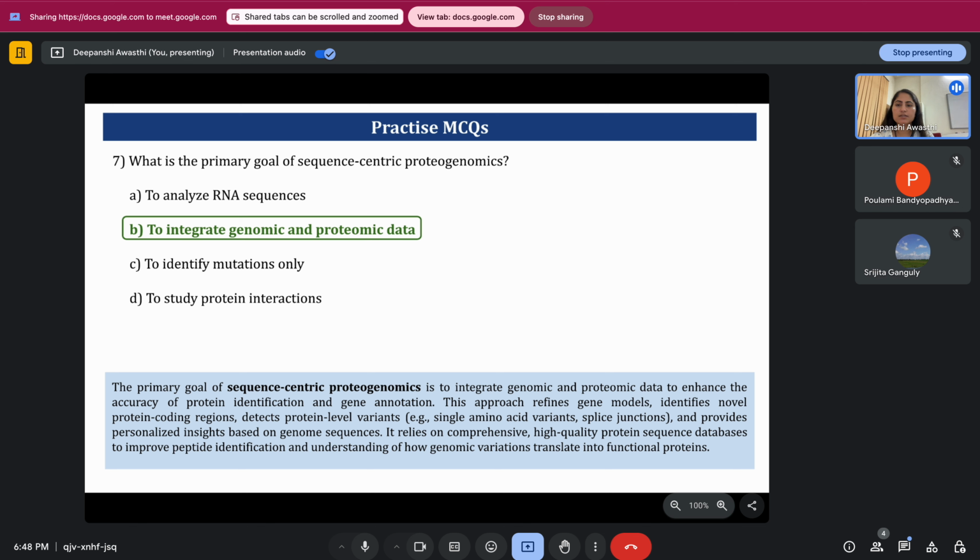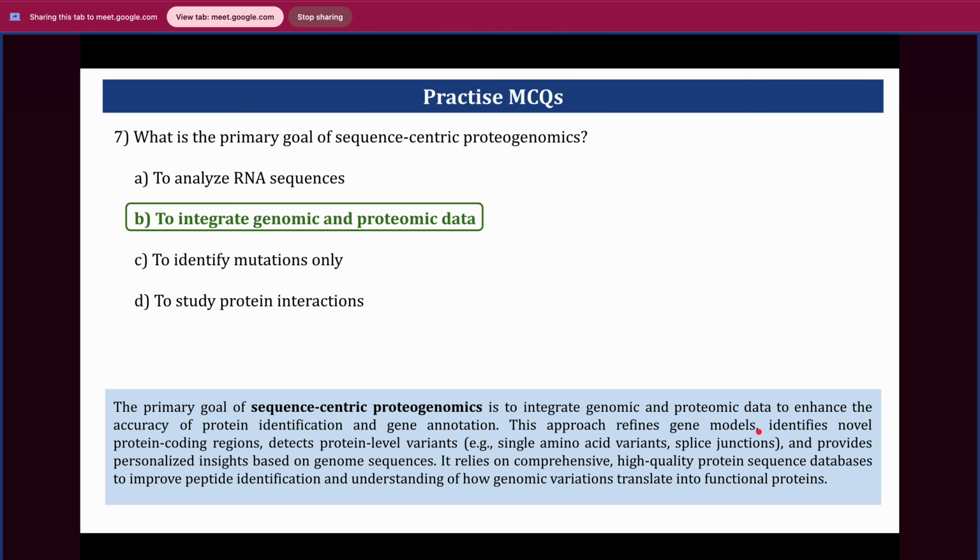Other things I also want to discuss: this approach refines the gene models and also identifies novel protein coding regions. Refining gene models means, as we have discussed in previous sessions, that in certain scenarios the reference databases might not have some transcript variant information available. Now, with mass spec we have identified a novel peptide which might belong to a region that was not already listed.